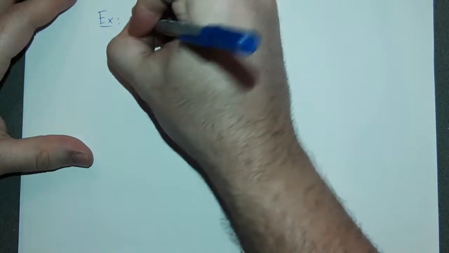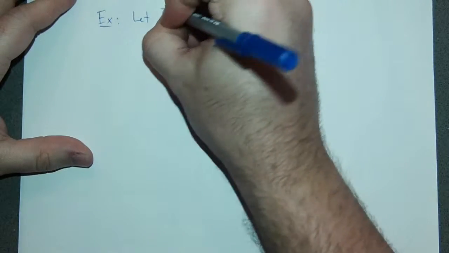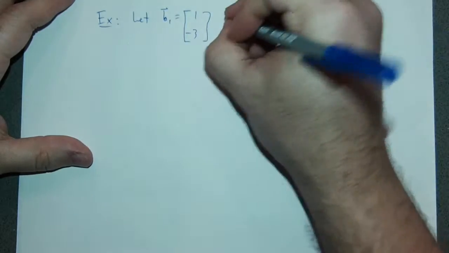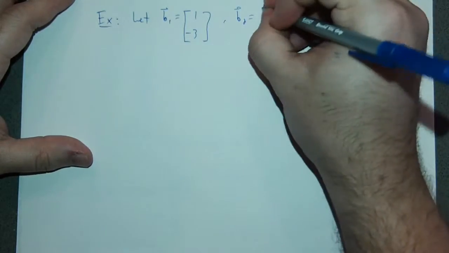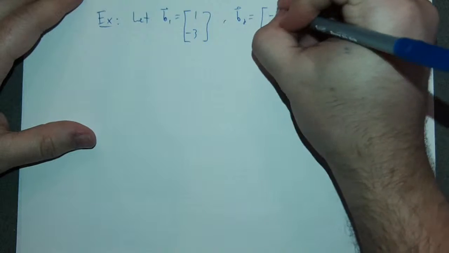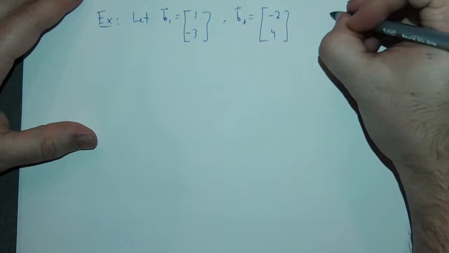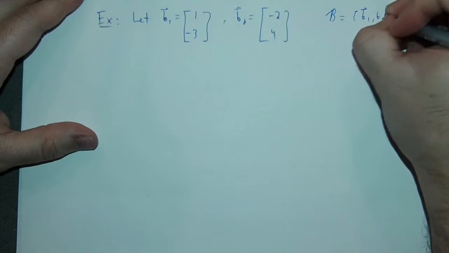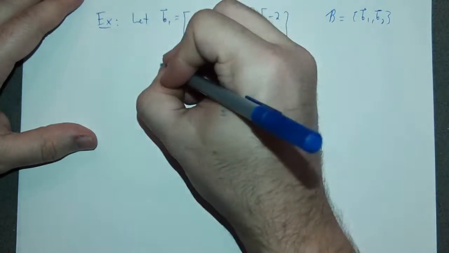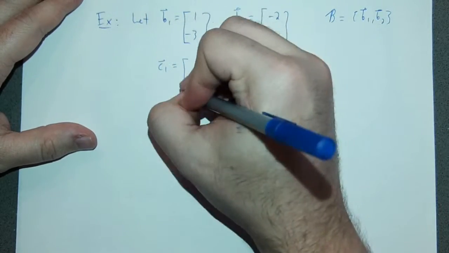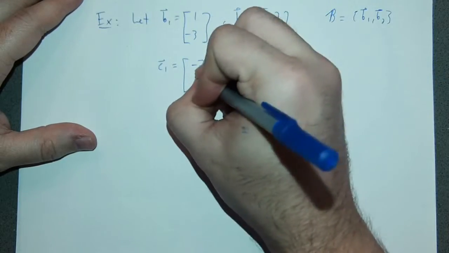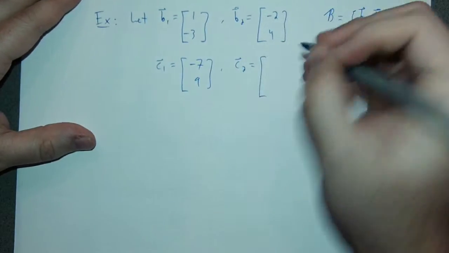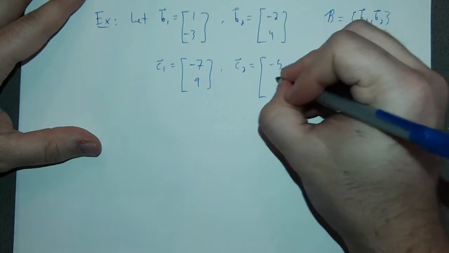Let b1 be the vector (1, -3), b2 be the vector (-2, 4). So script B is {b1, b2}. And let c1 be the vector (-7, 9), and c2 be the vector (-5, 7).